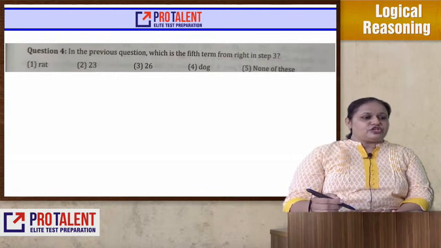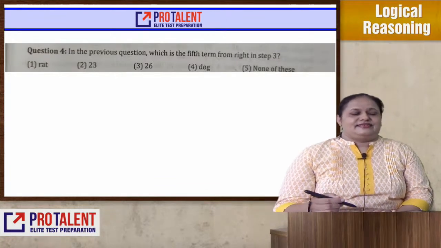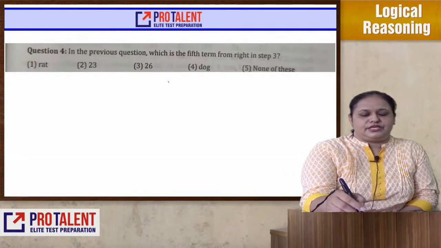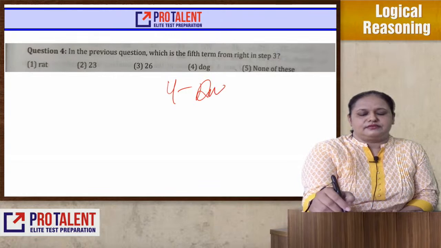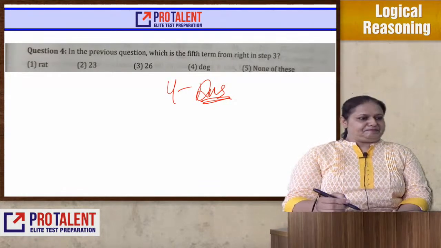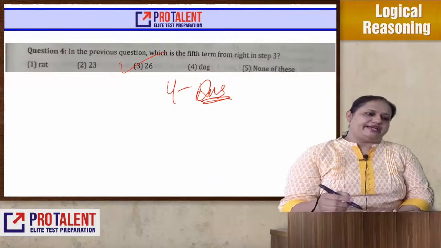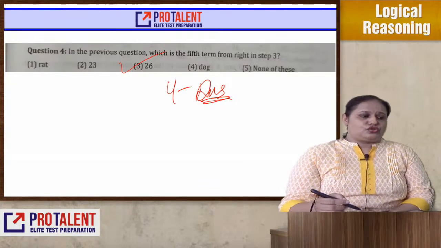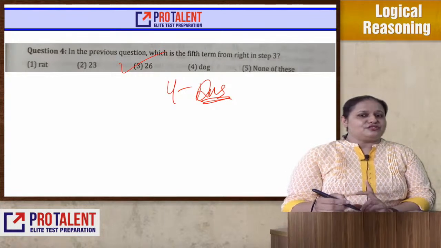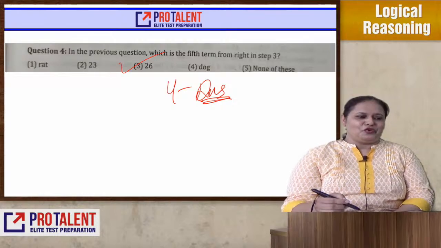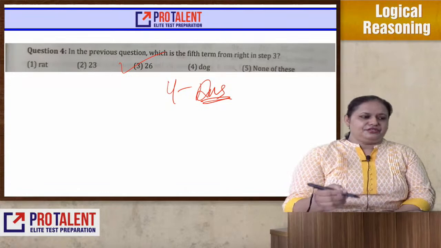Question 4, which option is the answer? Correct, option number 3 is the right answer. Those who gave the right answer to question 3 would definitely give the right answer to question 4. Very good.